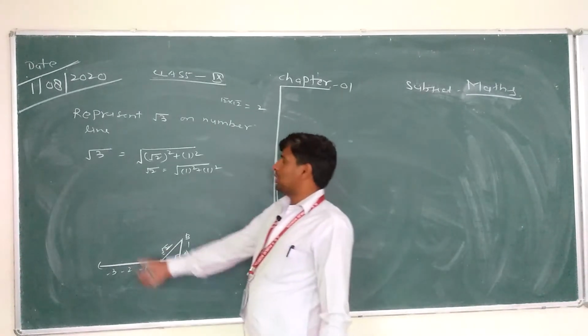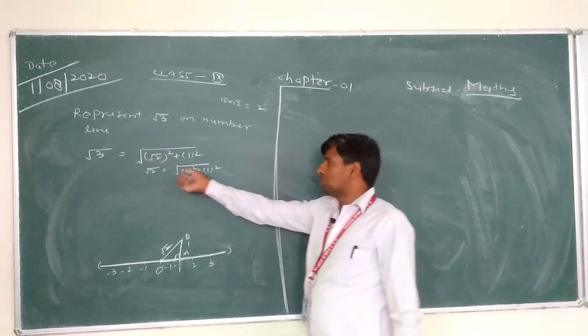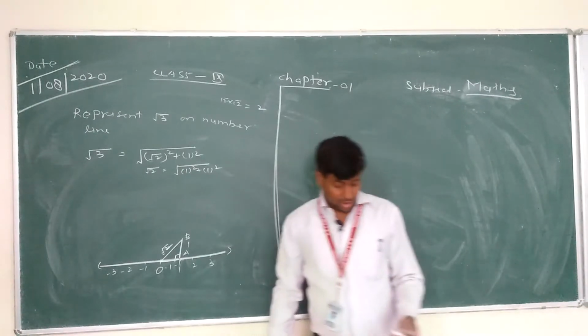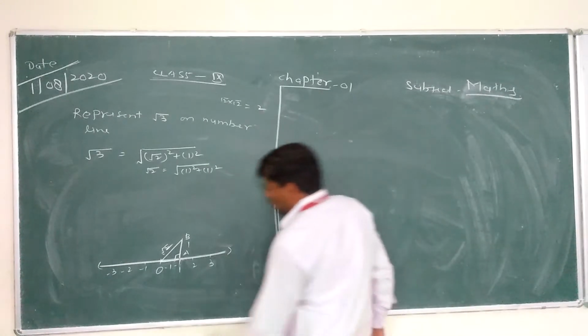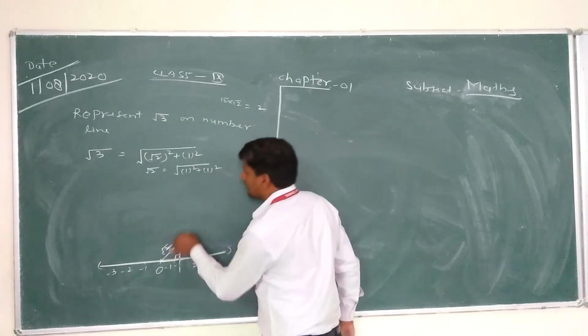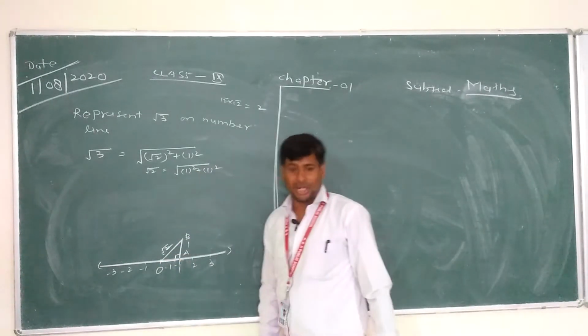But for root of 3, we represent root of 3 equal to root of 2 square plus 1 square. So root of 2 is the base, 1 is the perpendicular.